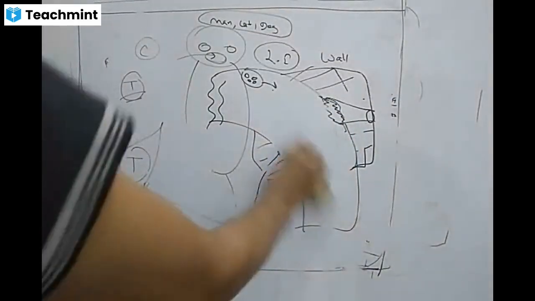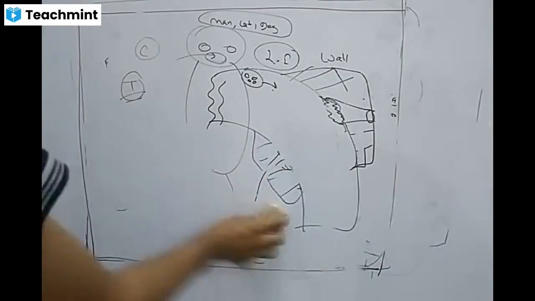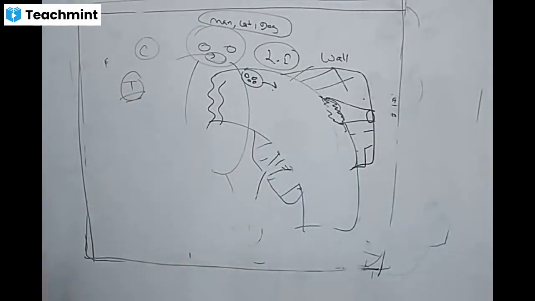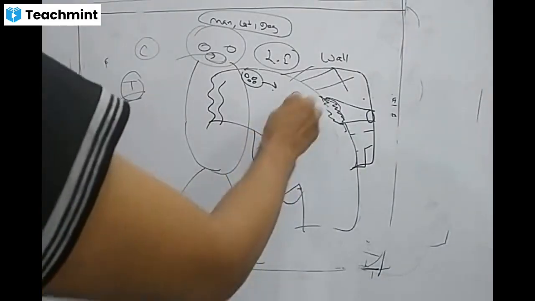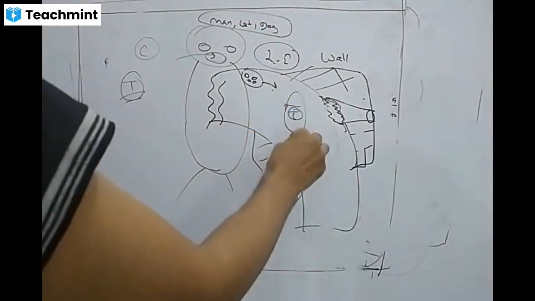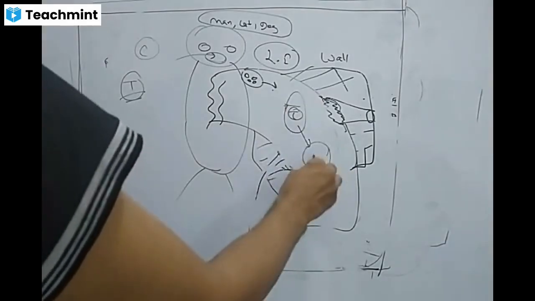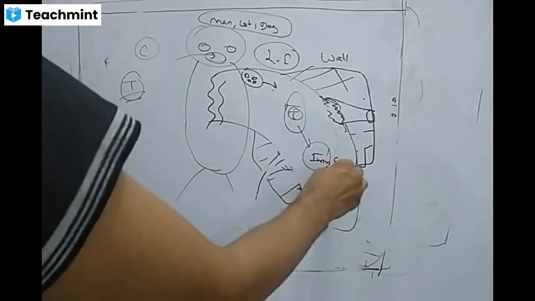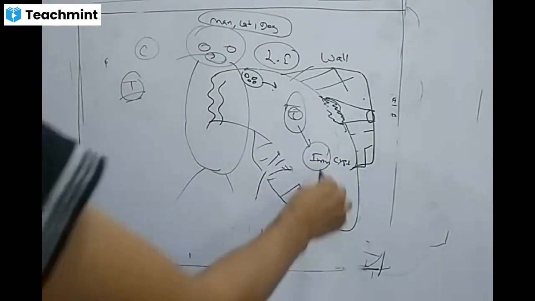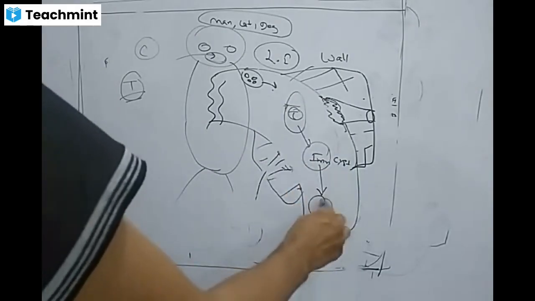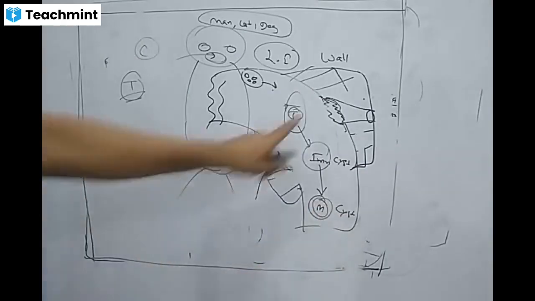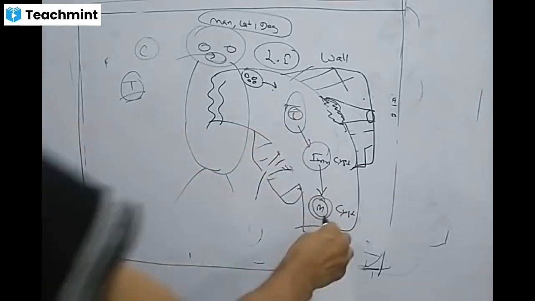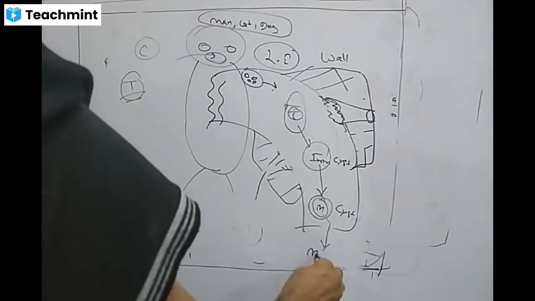Some of the trophozoites, suppose this is a trophozoite, convert into immature cyst. First, they convert into immature cyst. Inside the body, the cyst itself becomes mature. Once the cyst is formed, it will come out.